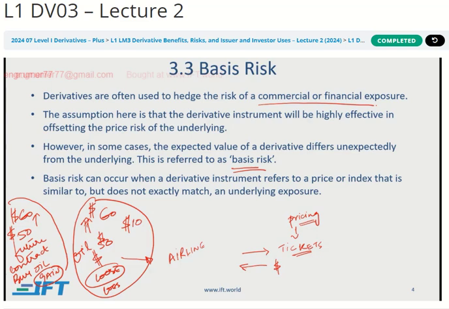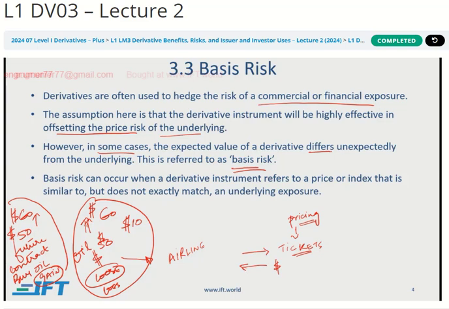The assumption is that the derivative instrument will be highly effective in offsetting the price risk of the underlying, and it is effective. The underlying asset is going up in price and the derivative is offsetting. It is highly effective, but in some cases the expected value differs unexpectedly from the underlying, and this is referred to as the basis risk.